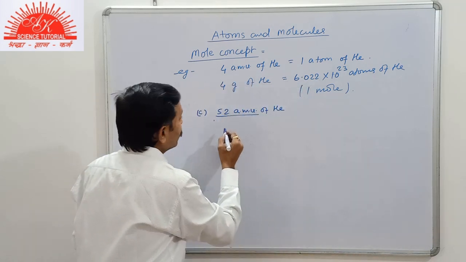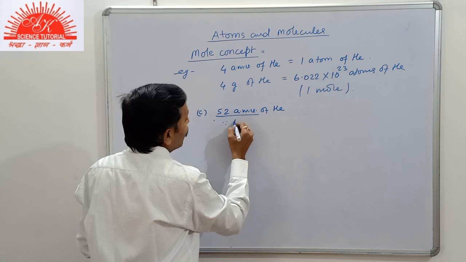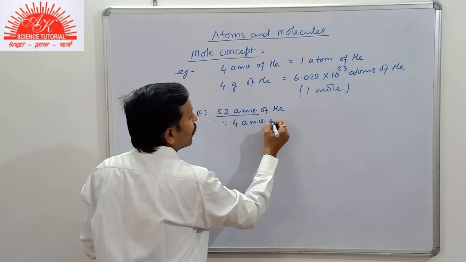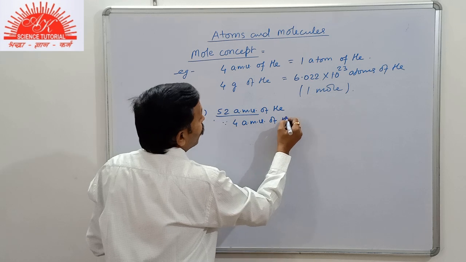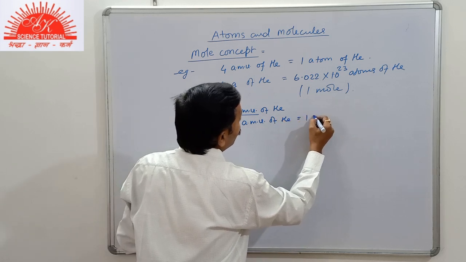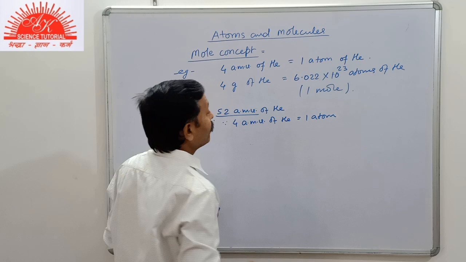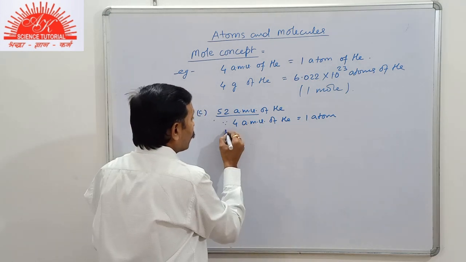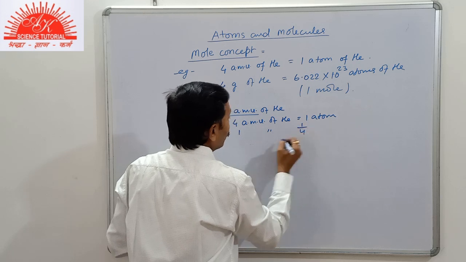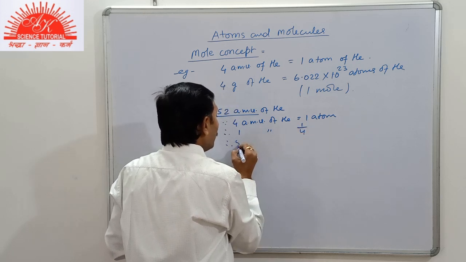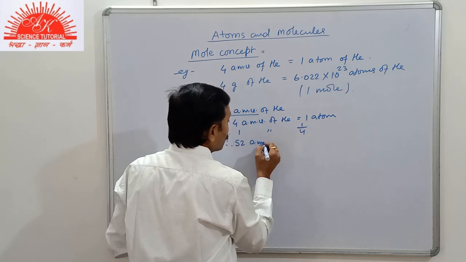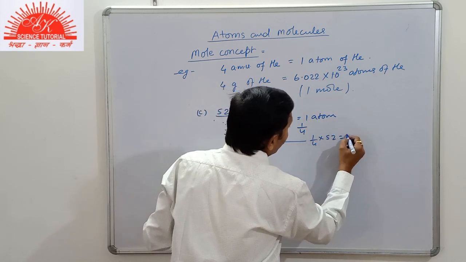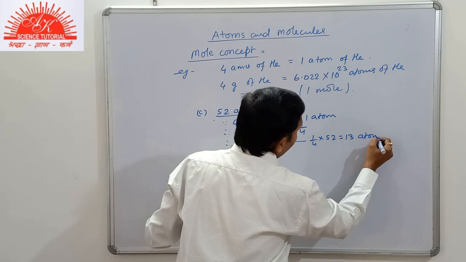Now as you know, 4 AMU, which is the relative atomic mass of helium, is equal to 1 atom of helium. Therefore 1 AMU is 1 by 4, and 52 AMU is 1 by 4 into 52, hence just 13 atoms.